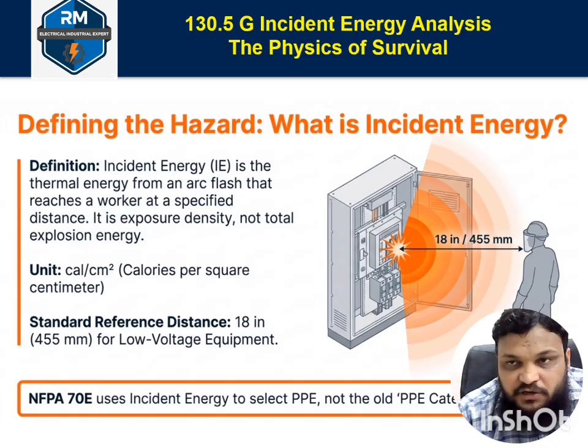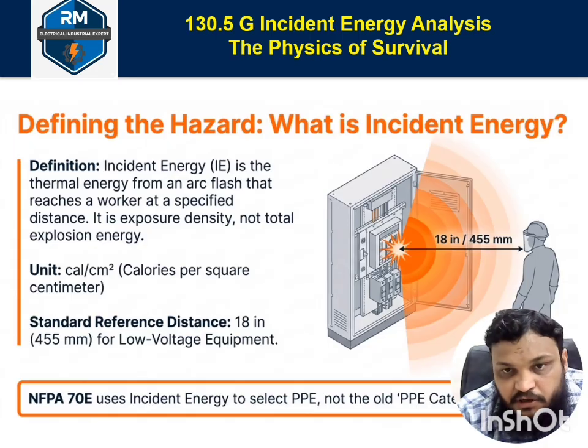As per the definitions of NFPA 70E, incident energy is the thermal energy from an arc flash that reaches a worker at a specified distance. It's not total explosion energy, it is exposure density. The incident energy is denoted and measured in calories per centimeter square and sometimes in joule per centimeter square.